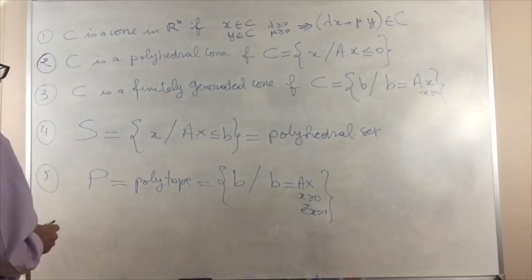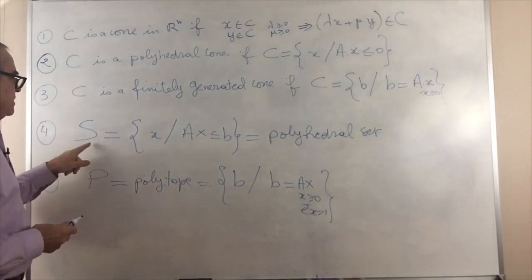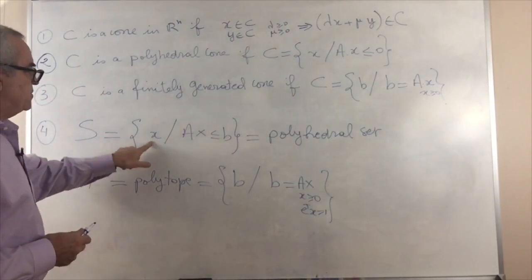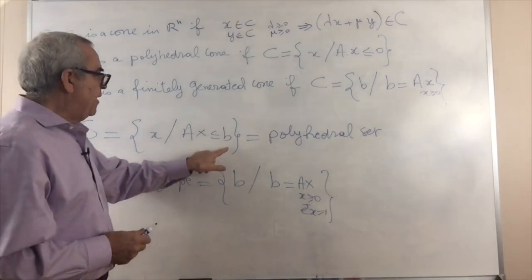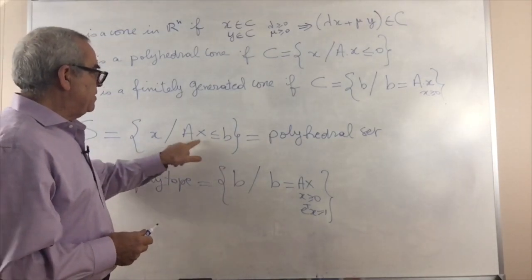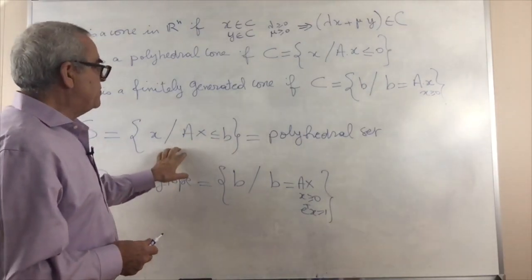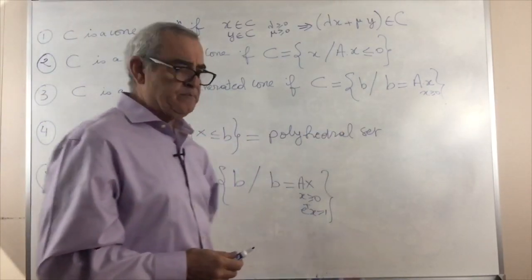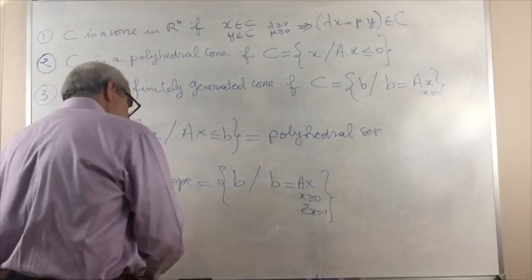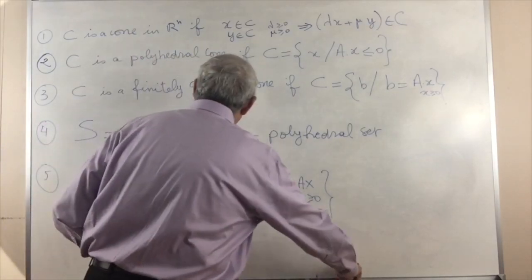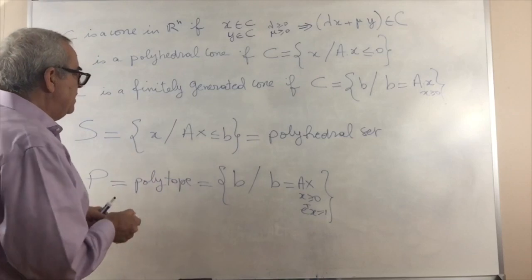That's why it's called a finitely generated cone. And the fourth definition is a set S, the set of all x defined by linear constraints A dot x equal to B, where A is a matrix and B is a vector. This type of set is called the polyhedral set. And here it's not just restricted to less or equal.